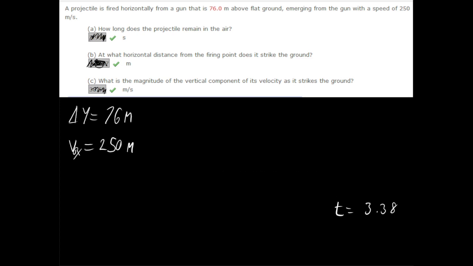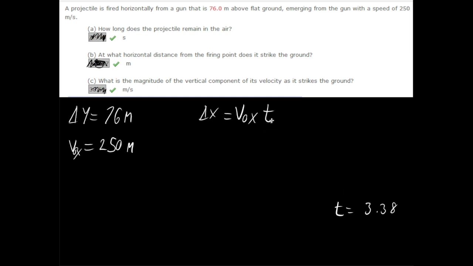So now it's asked, at what horizontal distance from the firing point does it strike the ground? So we go to our projectile motion equations for x, and we have delta x equals v0x times t.